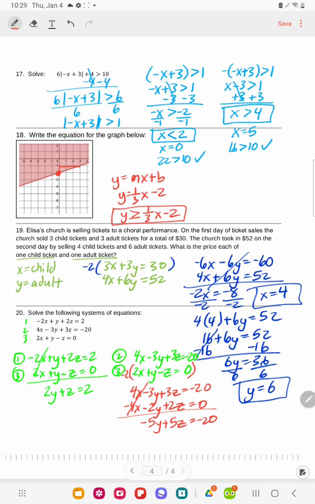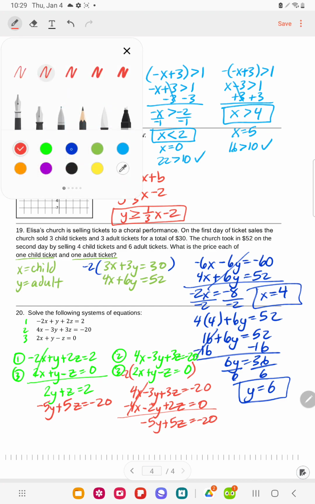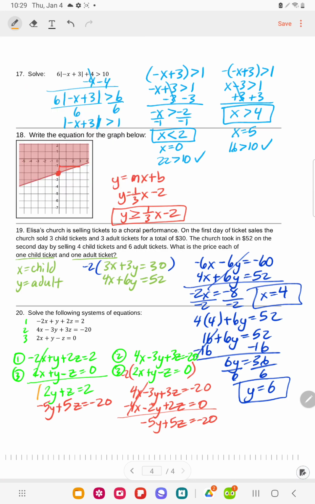Now that we have our two equations, 2y plus z equals 2, and negative 5y plus 5z is equal to negative 20, we're going to try to get rid of one of the variables. I'm going to get rid of the z's in this case. So to get rid of the z's, we're going to multiply the first equation by negative 5.